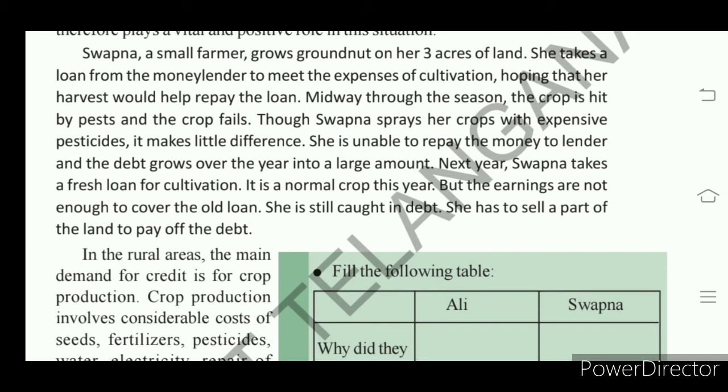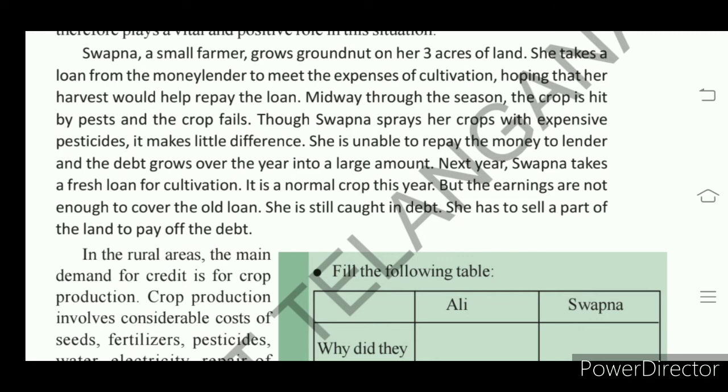At that time, she has to repay the loan by selling half of her land, that 3 acres of land. Some part of the land she has to sell to repay the loan. So what happened here? Sapna failed to repay the loan, so she became a defaulter. She repaid the loan by selling a part of her 3 acres of land.